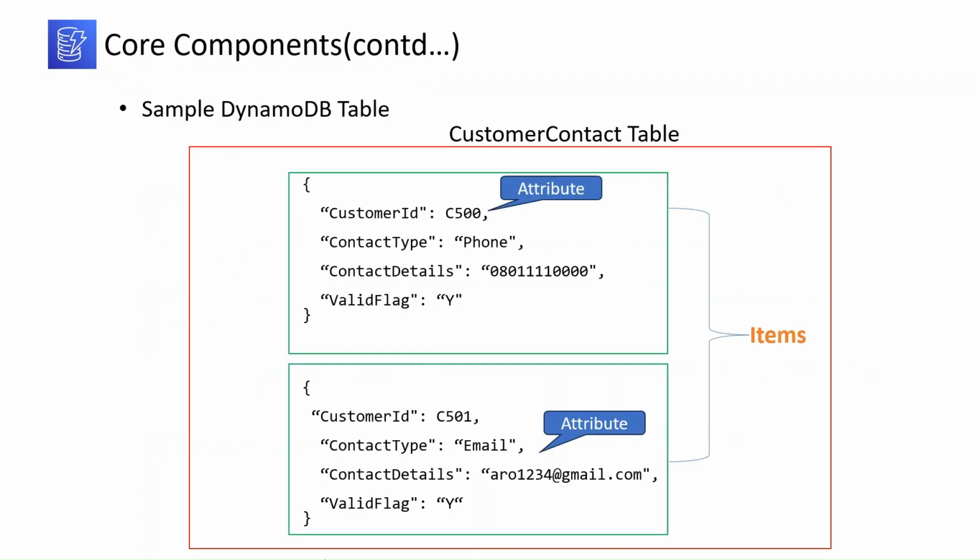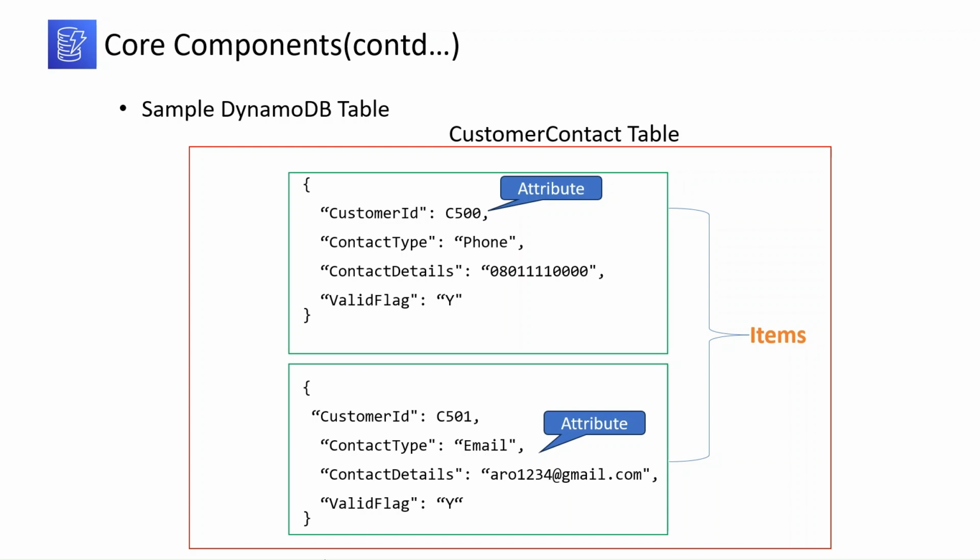Next, let's see a sample DynamoDB table structure. We'll see what the customer contact table is made up of. As I mentioned in the overview, the data is represented as key value pairs. That is, key is the field name and value is the data for the field. In the JSON data, there are two items or records in the table.